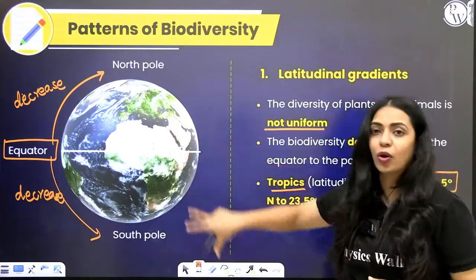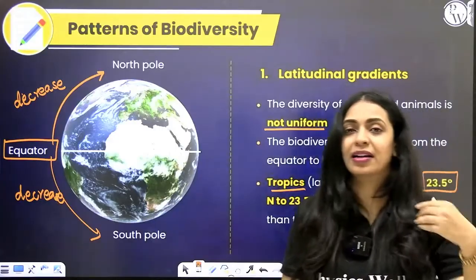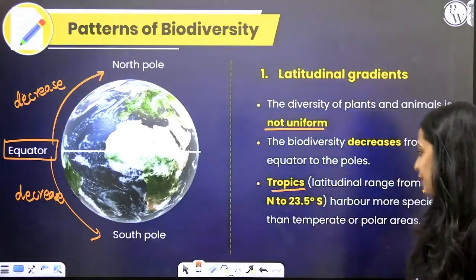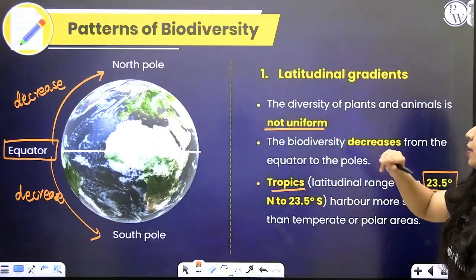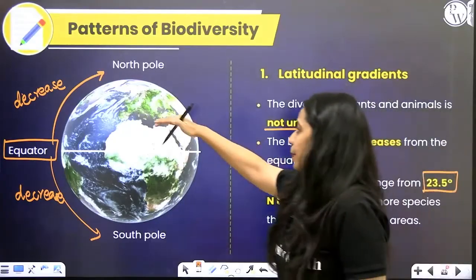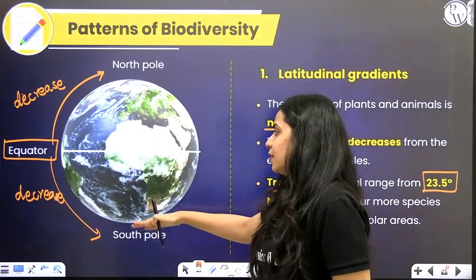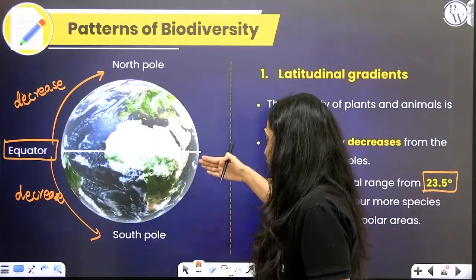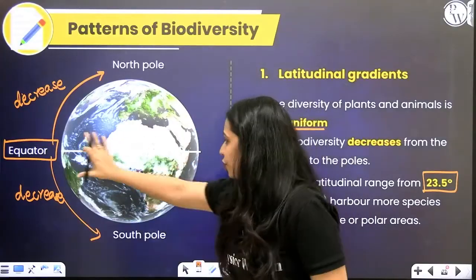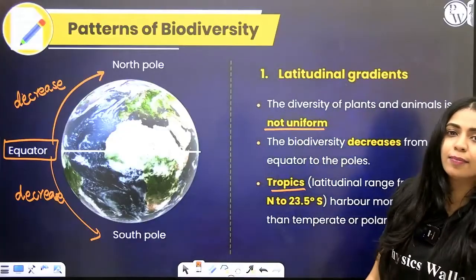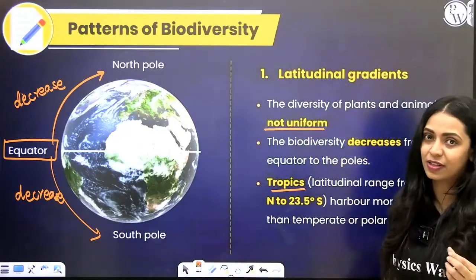India for the most part lies in the tropical region itself. So compared to the temperate and polar regions, within the tropics we will find more species diversity.